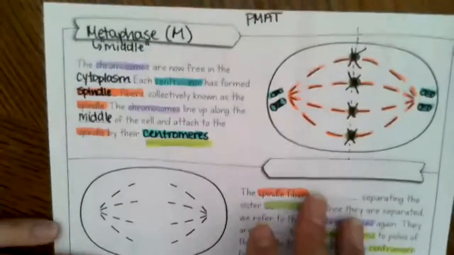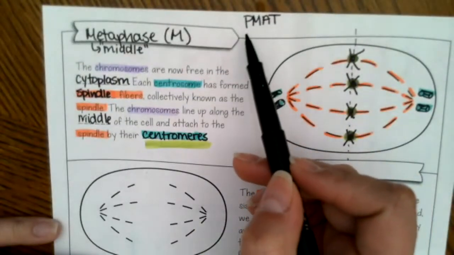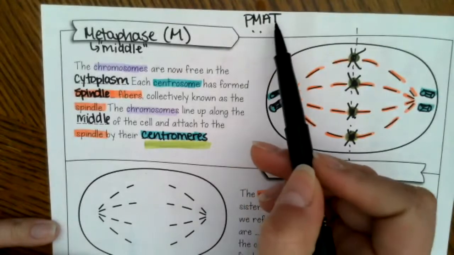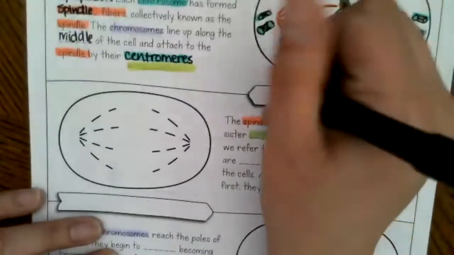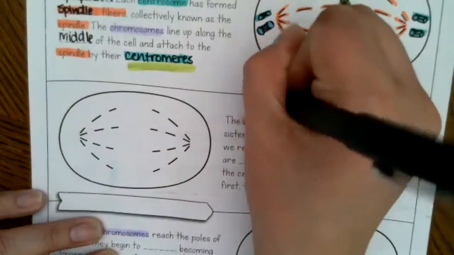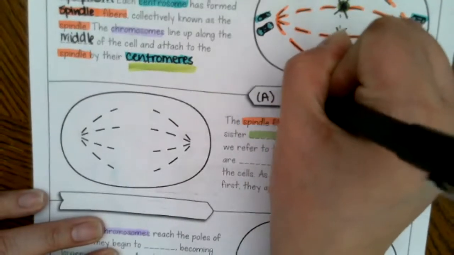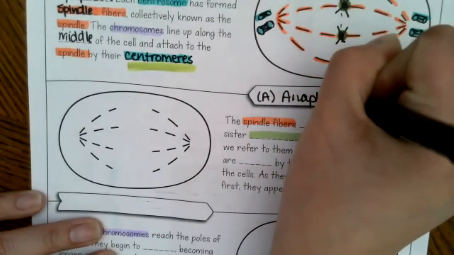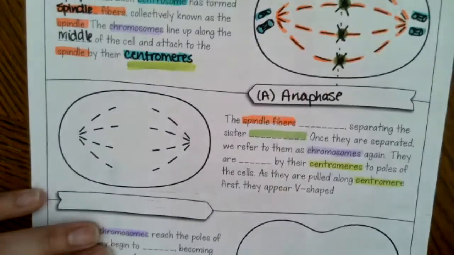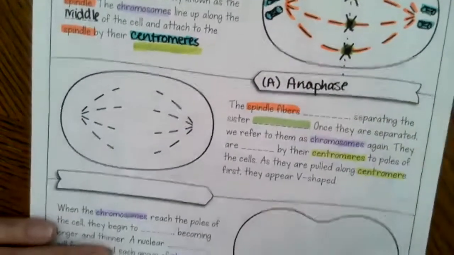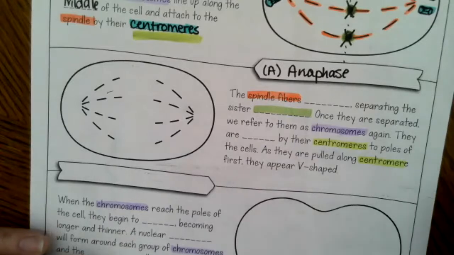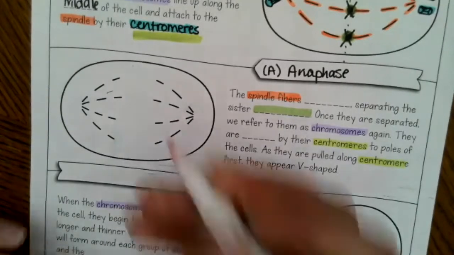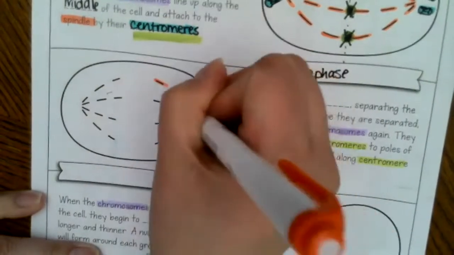All right. So once we get to metaphase, we took care of P, we took care of M. Now we go on to A, which stands for what? That's right. It's anaphase. So I'm going to put A for anaphase. All right. So this is our anaphase phase. So here you can see we still have some spindle fibers. So let's go ahead and color those in just proactively, you know.